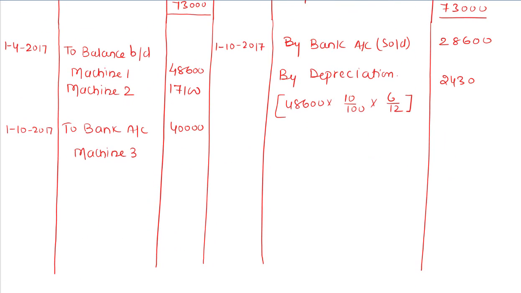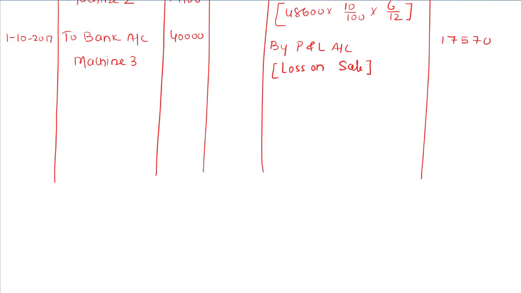I believe you must have understood this. Let us move ahead and write over here loss on sale. So we will write by profit and loss account, loss on sale, 17,570.